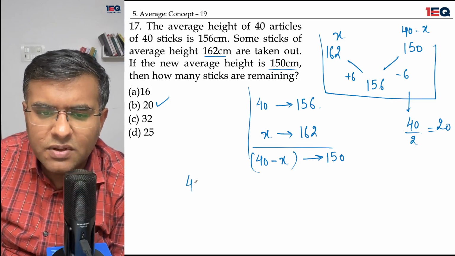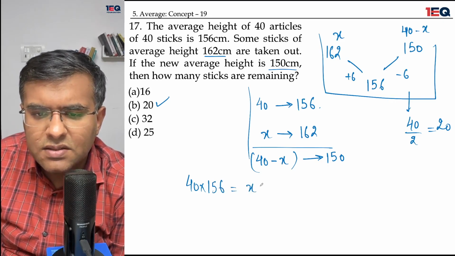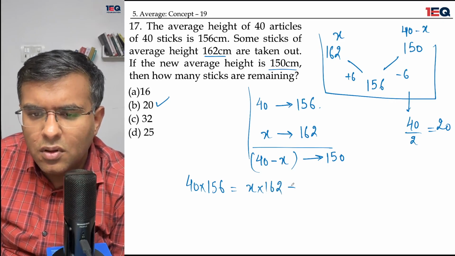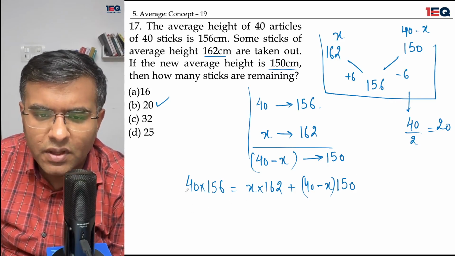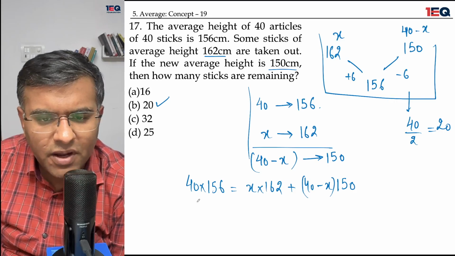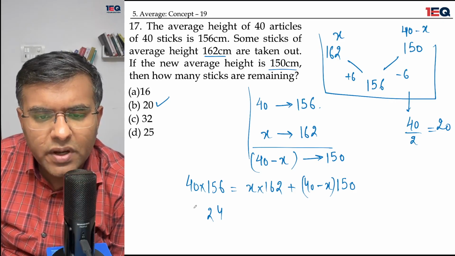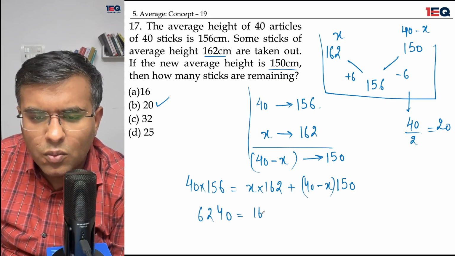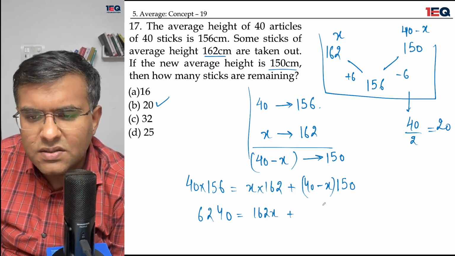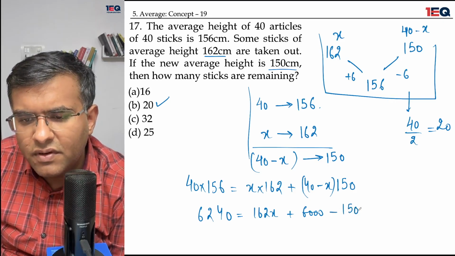How would I do that? I would say that 40 multiplied by 156 is equal to x multiplied by 162 plus (40 minus x) multiplied by 150. This is the long form which I'm doing. 40 times 156 is 6240, which is equal to 162x plus 6000 minus 150x.